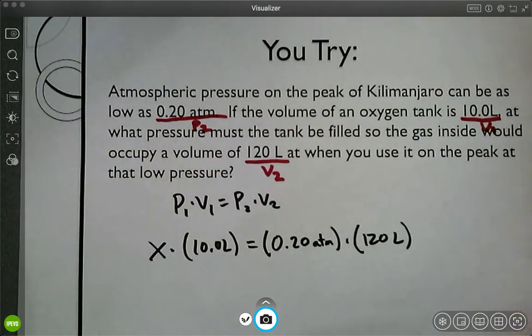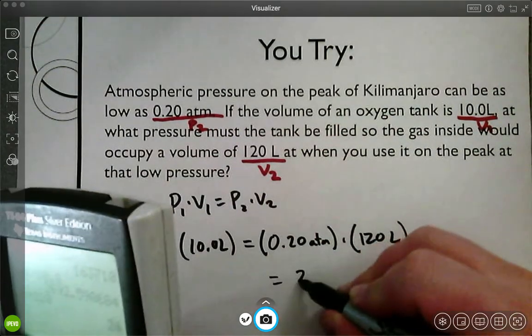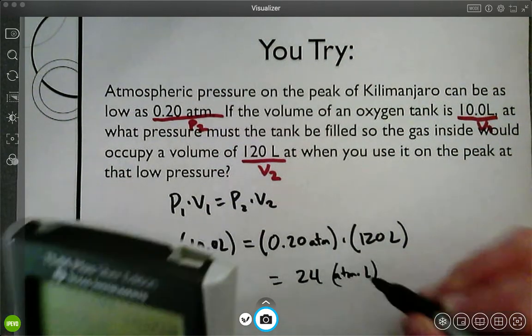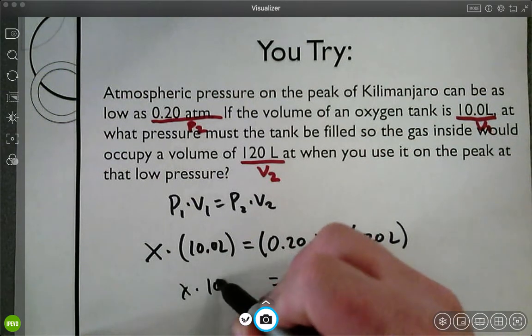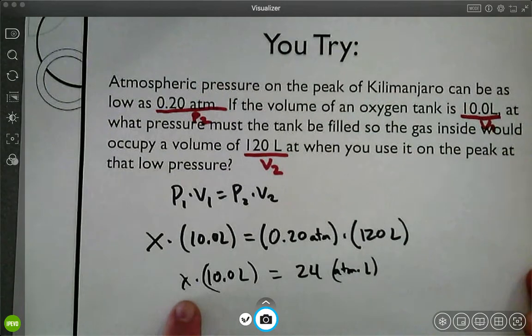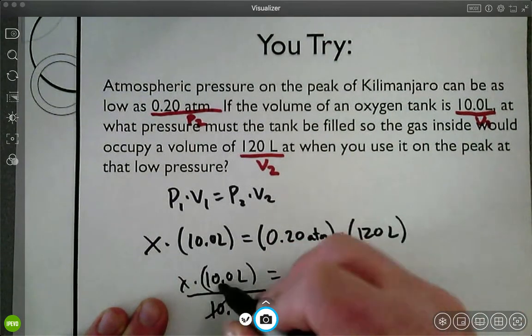First thing I'm going to do is simplify this. So that is 0.2 times 120, which is 24 atmospheres times liters. And on this side, I didn't do anything, so it's still x times 10.0 liters.